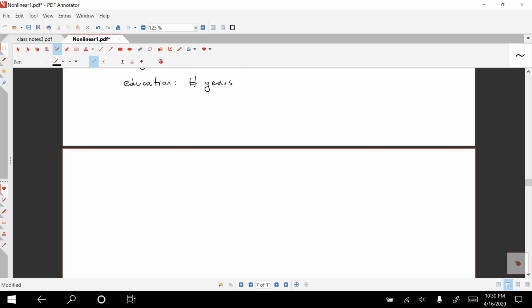And the estimated model is 0.5302 plus 0.0917 education.